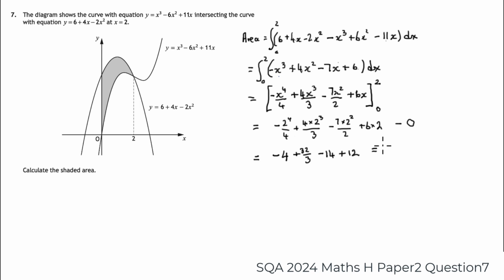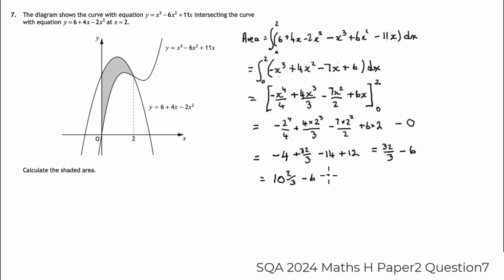Now let's gather the whole numbers together. We've got a minus 18 plus 12. That's a minus 6. And of course 3 into 32 goes 10 times with a remainder of 2. So there's 10 plus 2 thirds. That's 30 thirds plus 2 thirds, 32 thirds, minus 6.